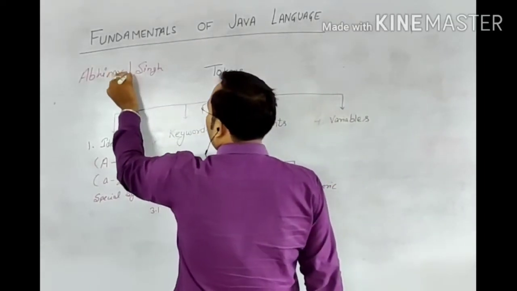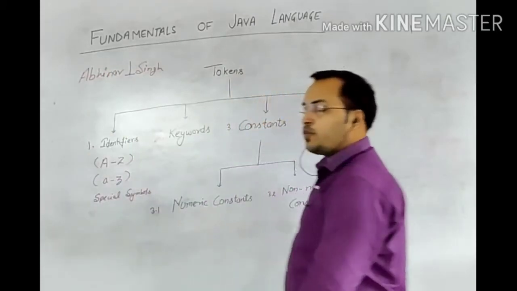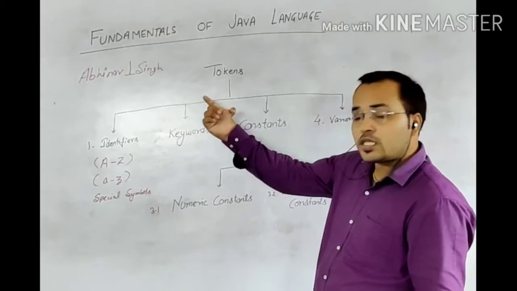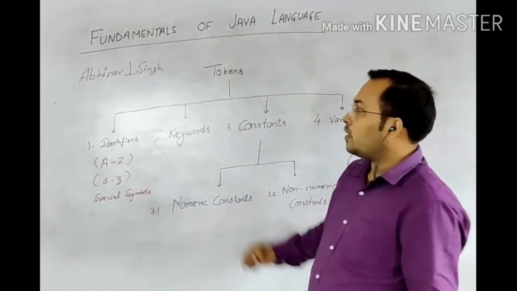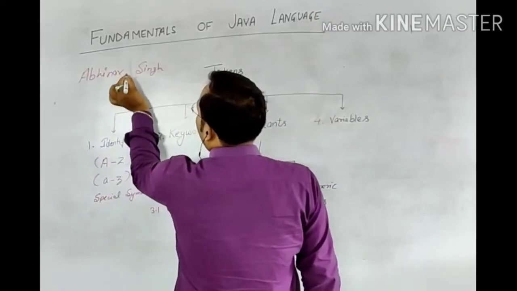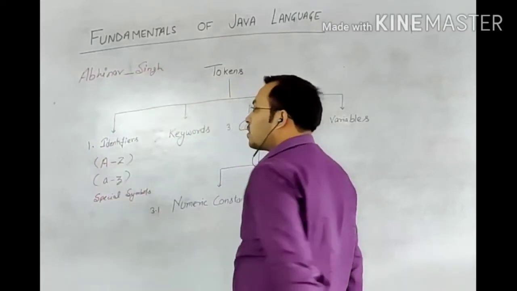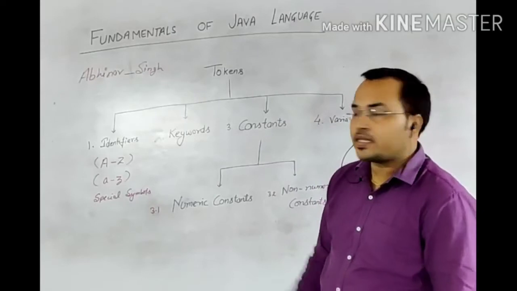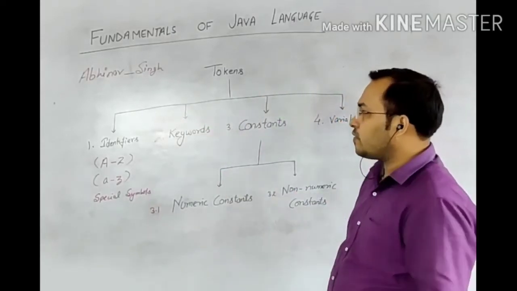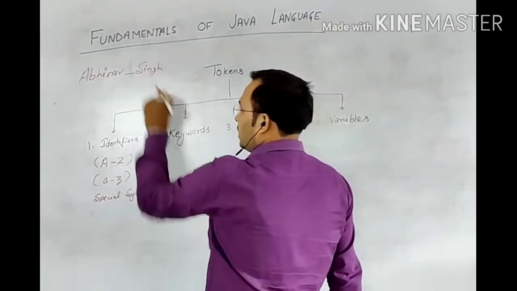Because there is a space, which is not acceptable. To write this in the same manner, you should use one special symbol, and here I am using an underscore. The underscore will work as a special symbol over here. So identifiers give you the facility of these things.